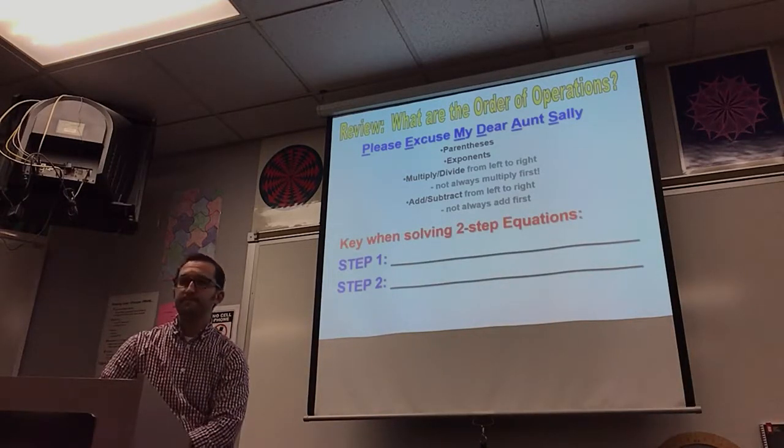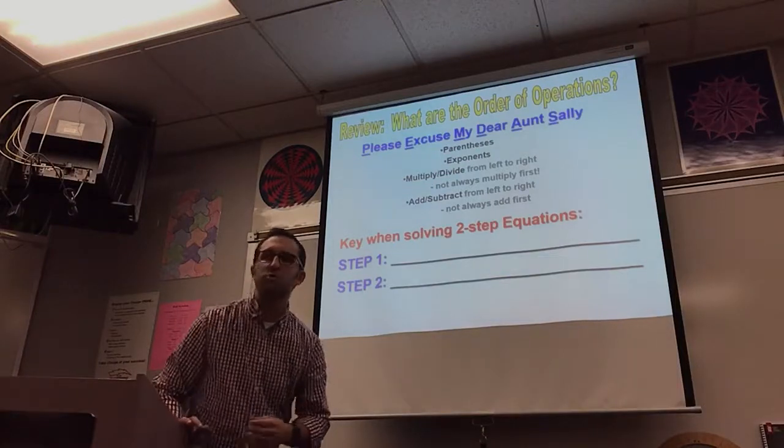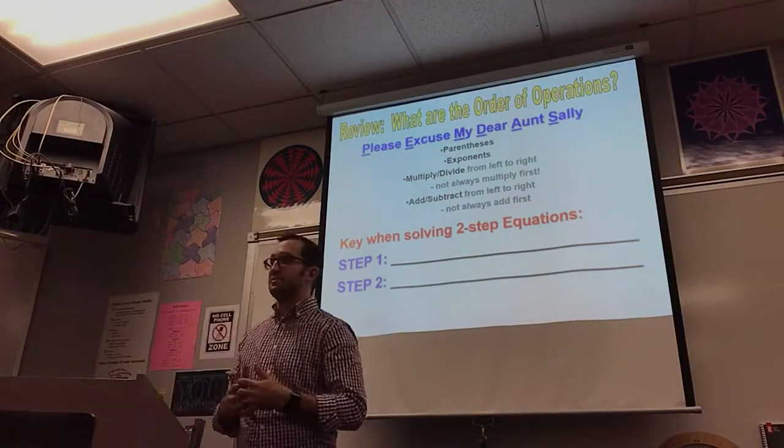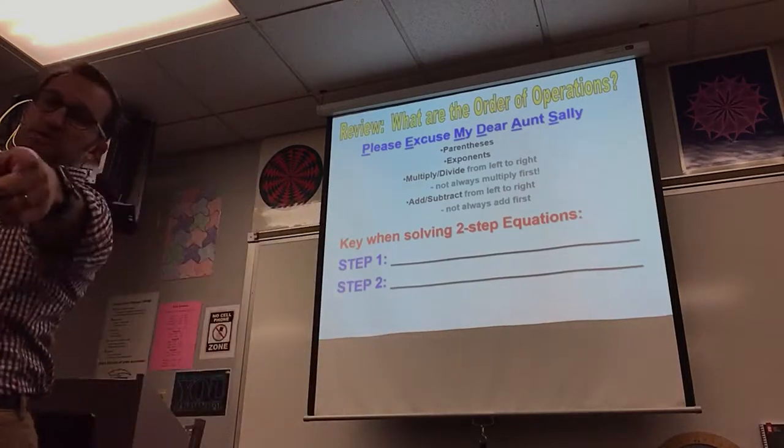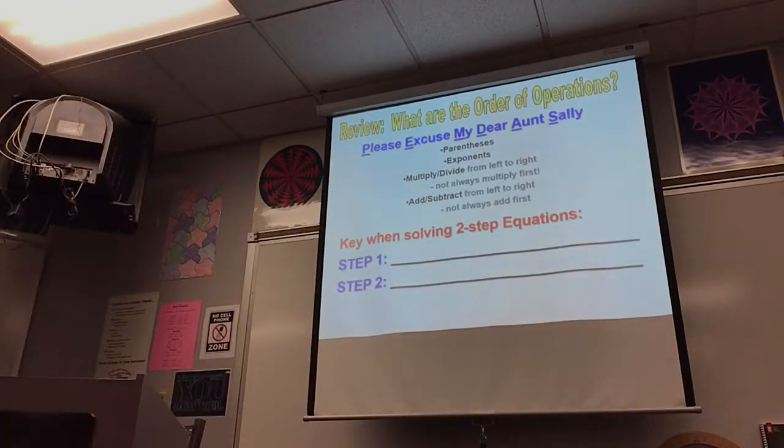Here's the deal. The order of operations comes into play when we simplify. When we simplify, everybody look over here to the right. When we did number one, when we plugged in -3, what was that inverse operation? What did we do first? Based on order of operations, which part did we do first?